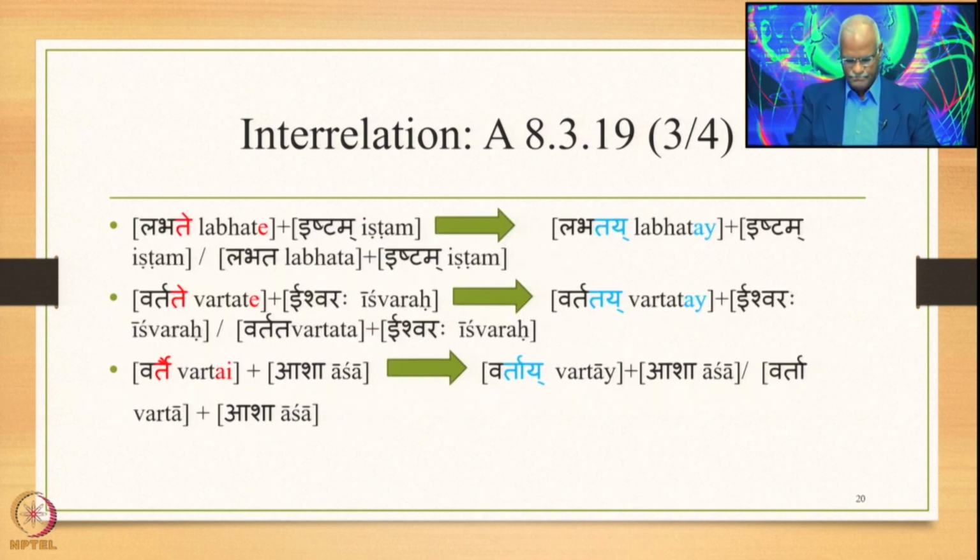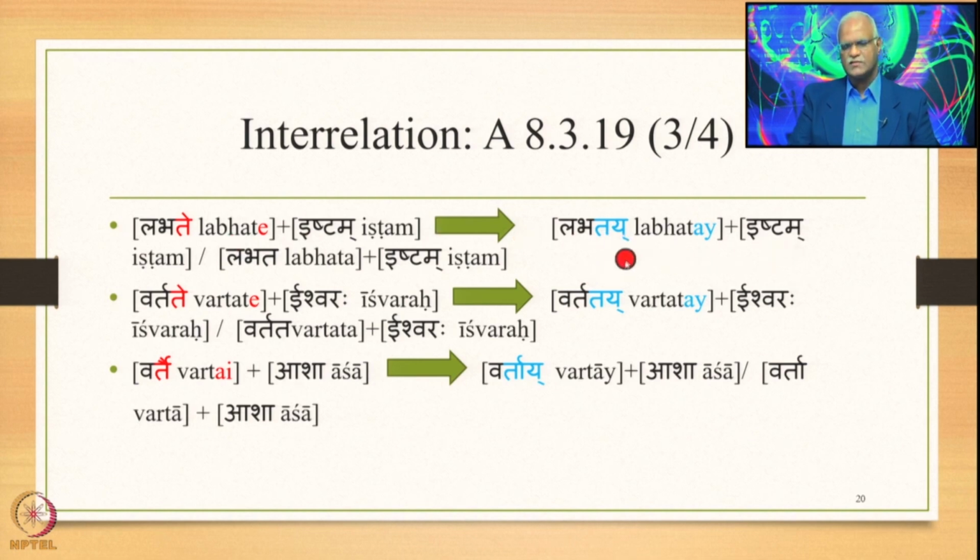Labhate plus ishtam. Here we have a followed by e, and 6178 applies. A is at the end of a pada, e is at the beginning of a pada, e is ach, and so echo yavayavaha applies, and the output generated is labhataya ishtam.